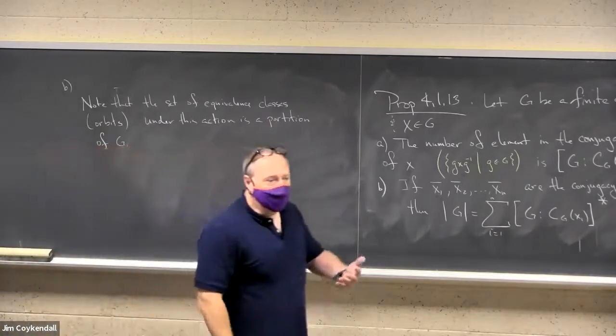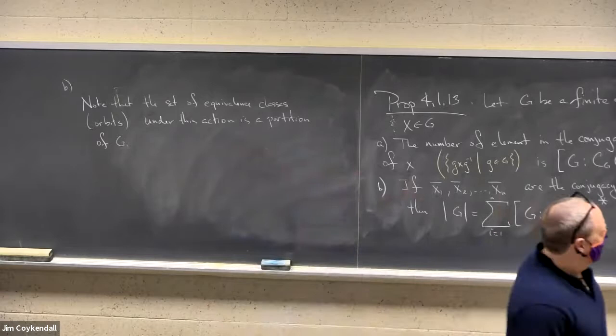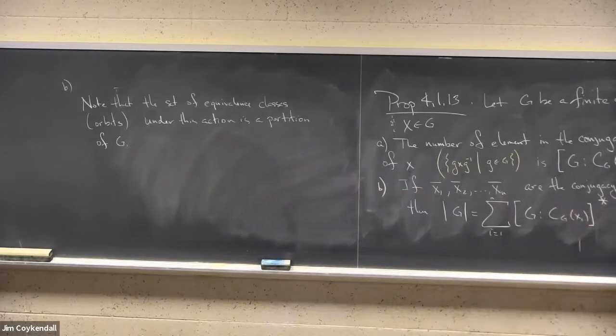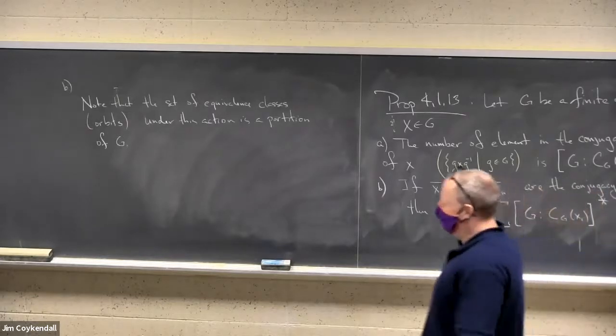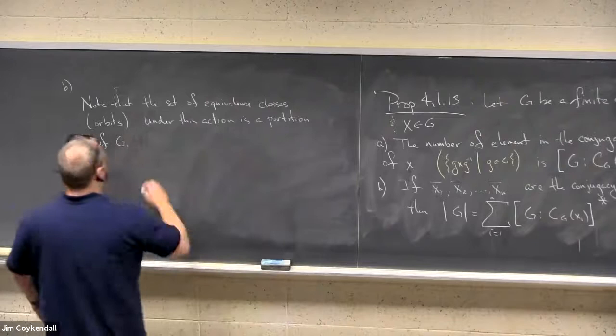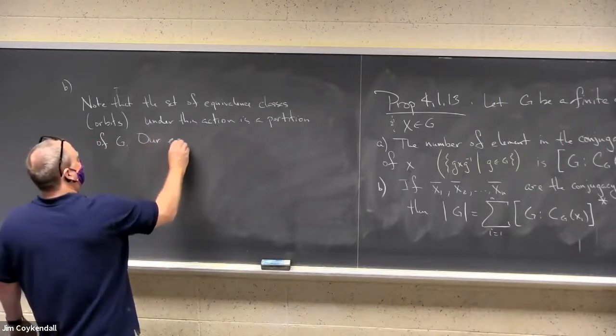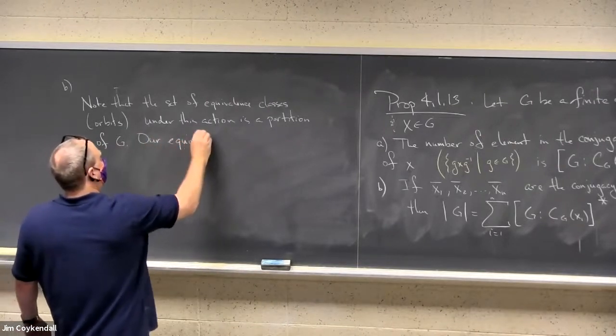This is true for any equivalence relation. When we prove that, of course, in each group action equivalence relation, the set of equivalence classes forms a partition, and our equivalence classes are conjugacy classes because it's a conjugation action.